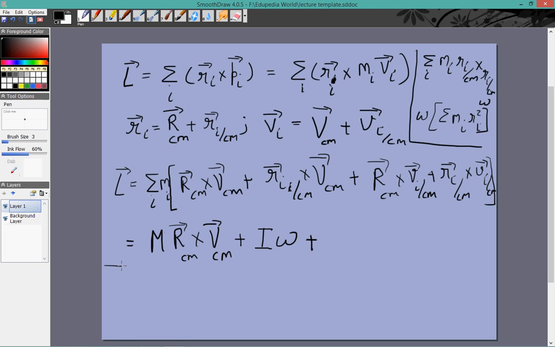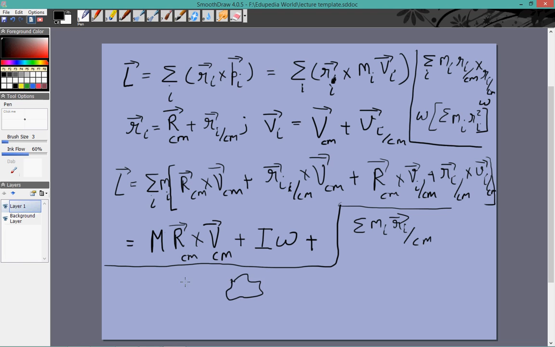So let's look at those terms in a little bit detail, right? The first term is Mi Ri with respect to CM, VCM. VCM will come out as common in this, right? If VCM comes out as common, we get summation Mi Ri with respect to CM, right? Now let's say we have a body and we take summation Mi Ri with respect to an origin.